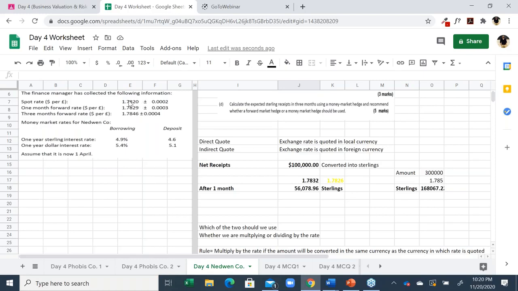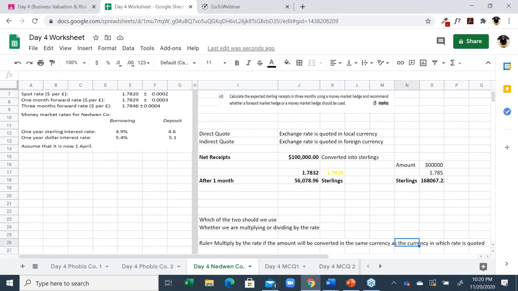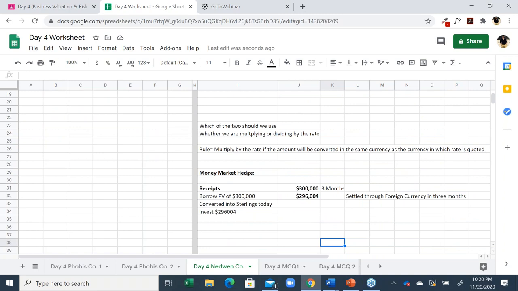So we have to divide it by the higher rate because the bank is going to pay us less number of pound sterlings. So first let's calculate the rate. What is the rate going to be? It is going to be 1.7820 plus 0.0002, and it will be 1.7822.